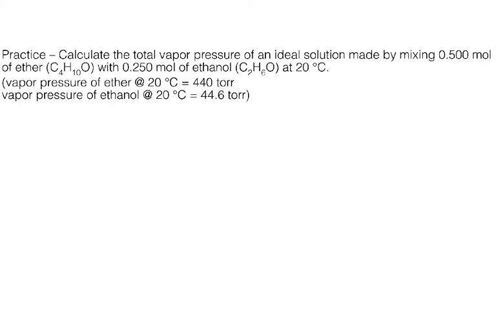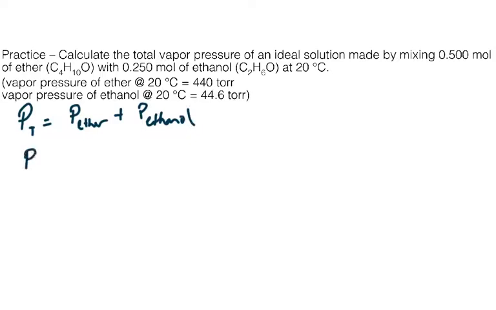Calculate the total vapor pressure of an ideal solution made by mixing half a mole of ether with 0.250 mole of ethanol at 20 degrees Celsius. And we have the vapor pressure of ether at 20 degrees is 440 torr. The vapor pressure of ethanol is 44.6 torr. So we know that our vapor pressure total is going to be our vapor pressure of our ether plus our vapor pressure of our ethanol.